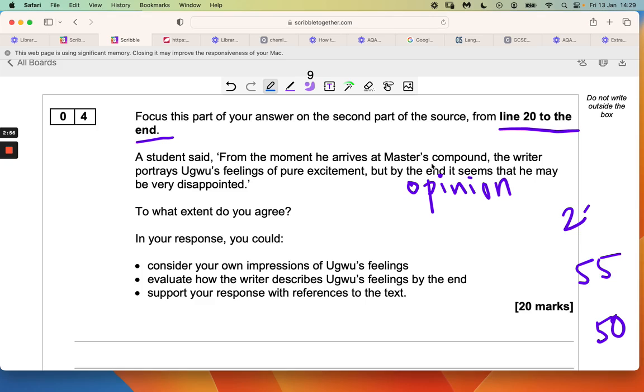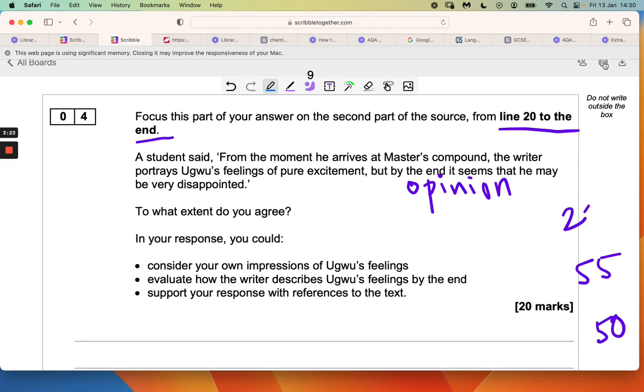Then again, you want to find somewhere where that seems to change. So where does that shift happen? And if you can highlight where he suddenly seems a bit less excited or he's feeling a different feeling, put that in, because that's going to be your second point. And your third point is going to be about the end. So you want to focus on the very end and see if you can pick out exactly how he's feeling at the end.